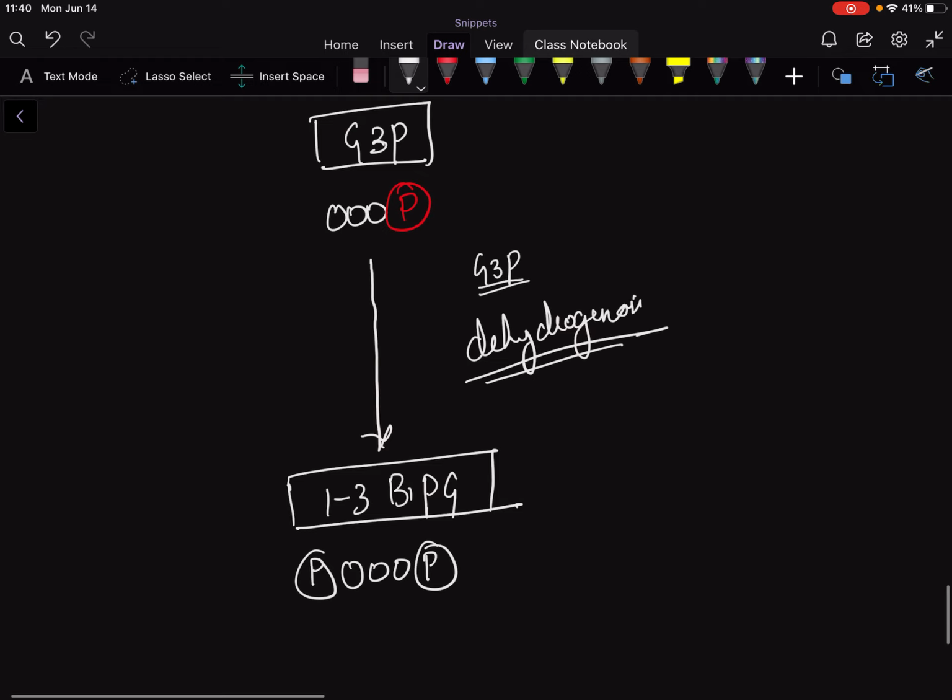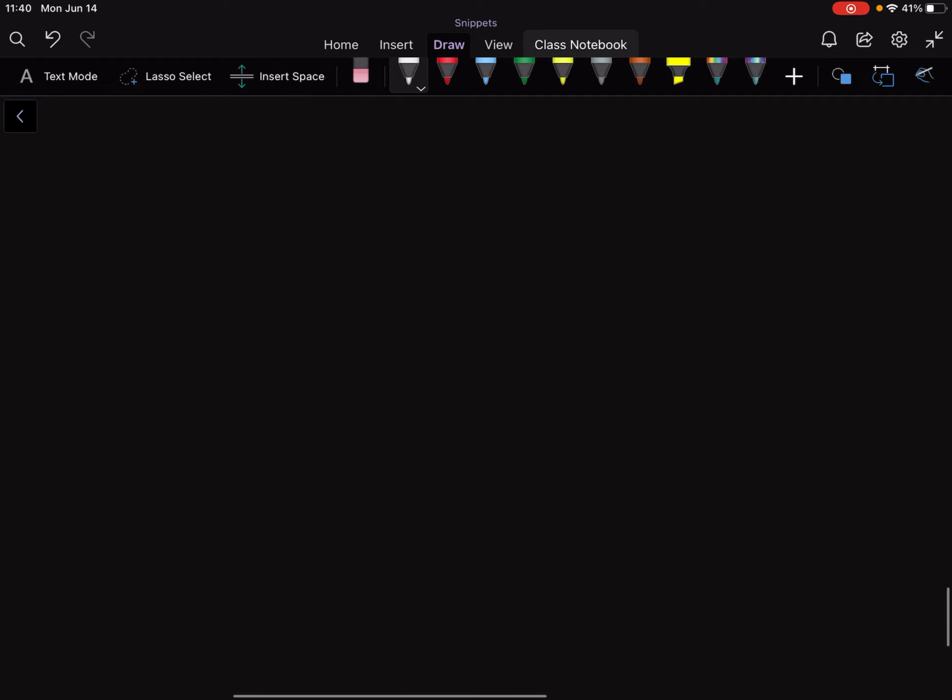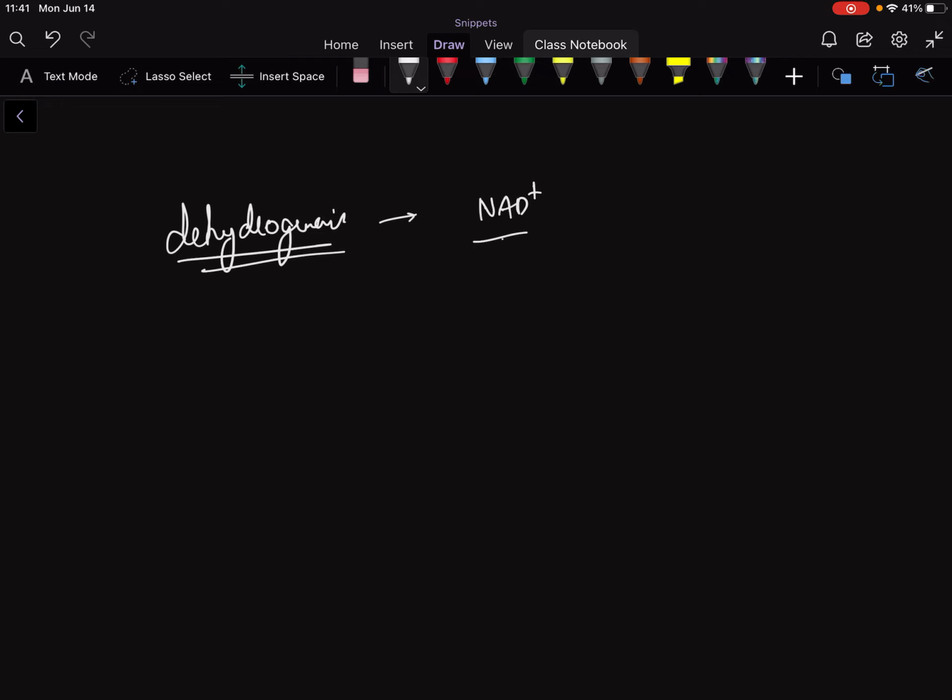Actually, the function of this dehydrogenase is to convert NAD plus into NADH plus H plus. Okay, that is the function of this dehydrogenase.